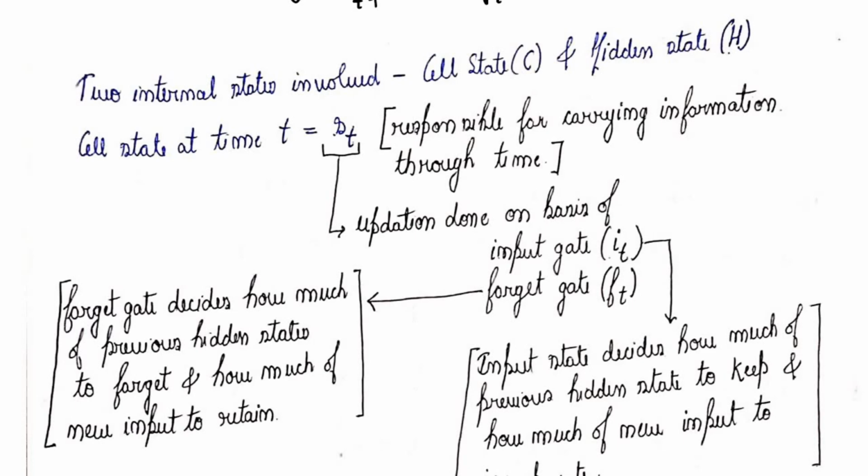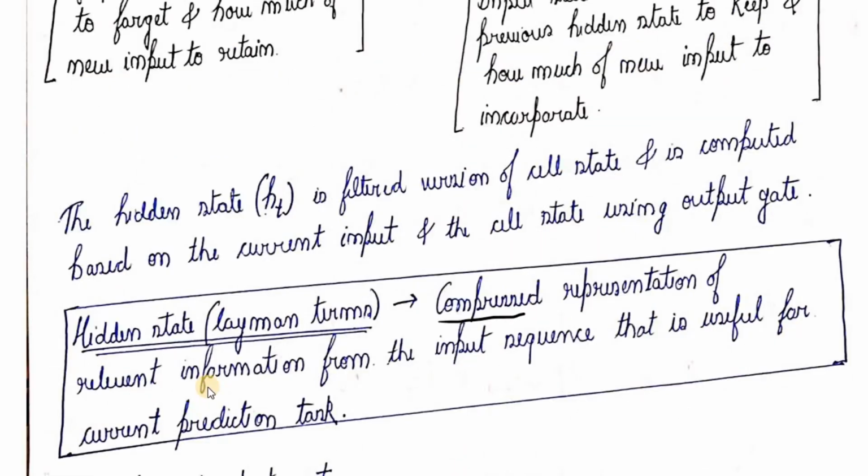The cell state at time t is what we called as an ST, and the hidden state we call HT. So this is the layman definition of hidden state, which means that based on the input sequence, we process the sequence which is given to us, and the sequence could be anything. Either it could be like an embedding of a particular word, or the prices of stock market in different days.